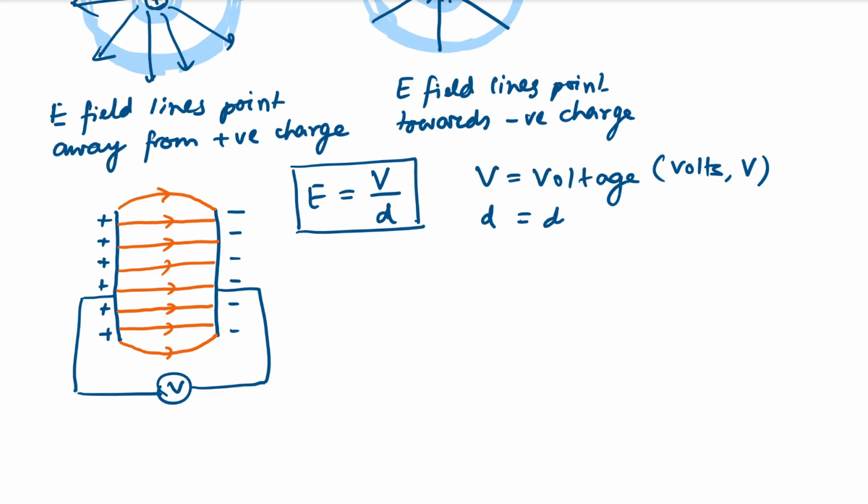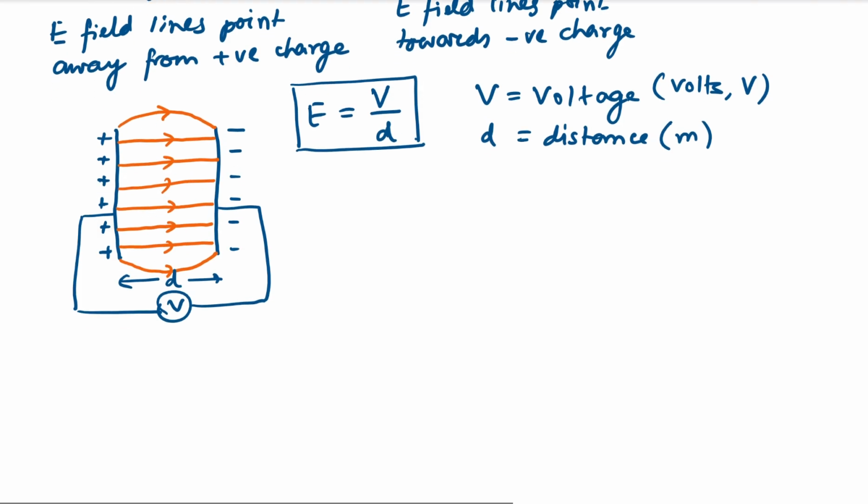And d is the distance between the plates. Okay, so if you have the two plates, d distance apart from each other, then that's this d over here. And it has to be in meters. When you are using this formula to calculate anything, let's say electric field strength, then make sure that d is in meters. So this is your second formula. Okay? And then we can use this formula to calculate different things.